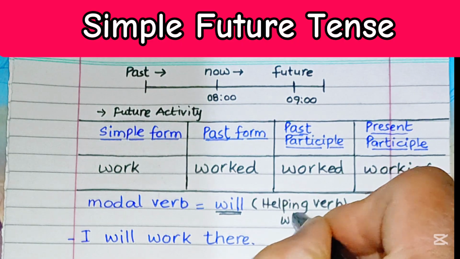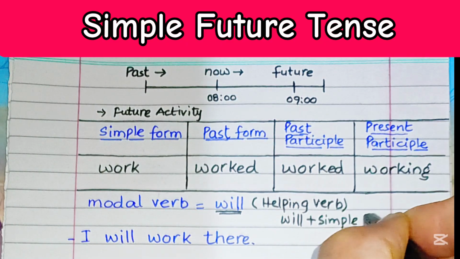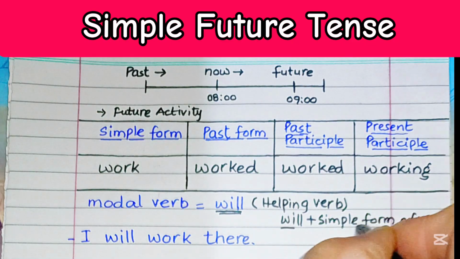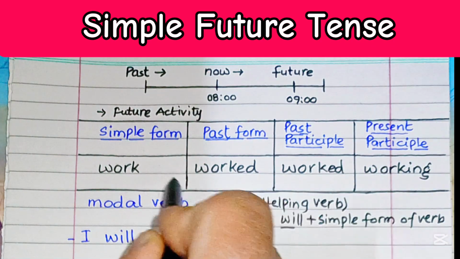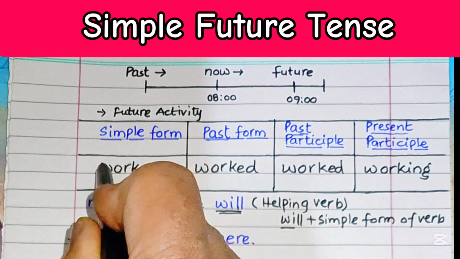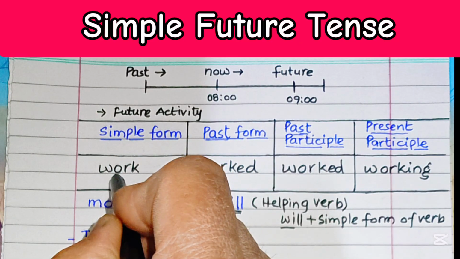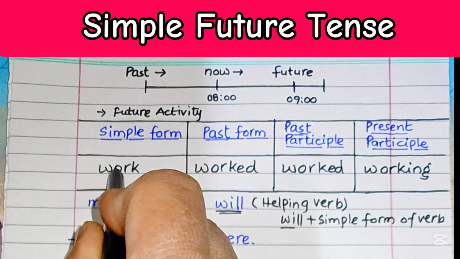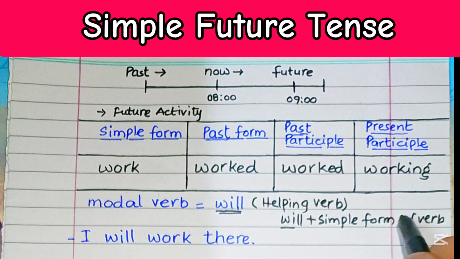Means will plus simple form of verb. So this is going to be the structure for simple future tense. Will work. This is the simple form of verb. Simple form of work, or we may call it present form. So will work. Will followed by simple form of verb.